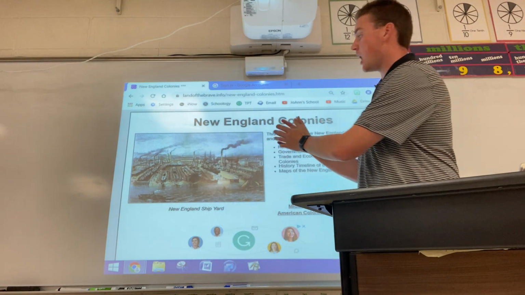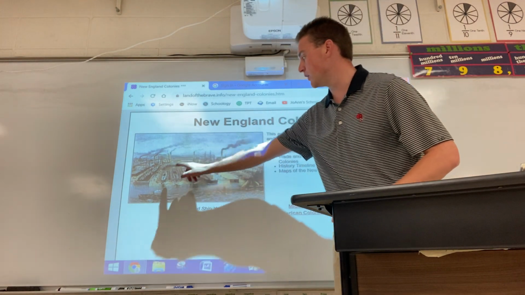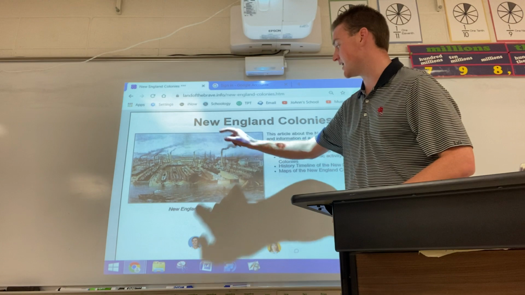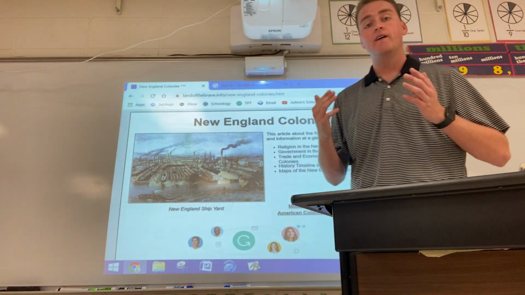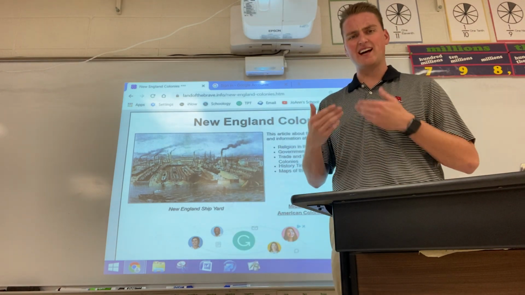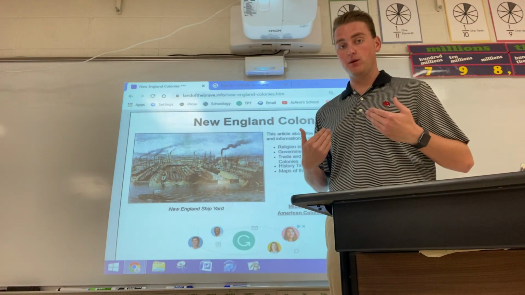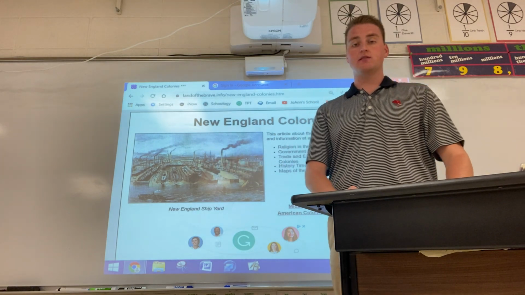It takes up a lot of space. It's got to be bigger than a football field because you have 1, 2, 3, 4, 5, 6, 7, possibly almost 10 ships. There's 2 or 3 more over there in this shipyard. So that kind of starts telling you what kind of people lived there, what they were known for, what their economy was like.